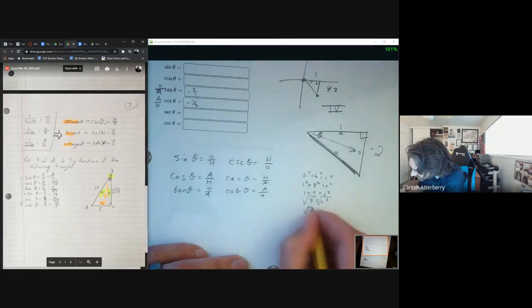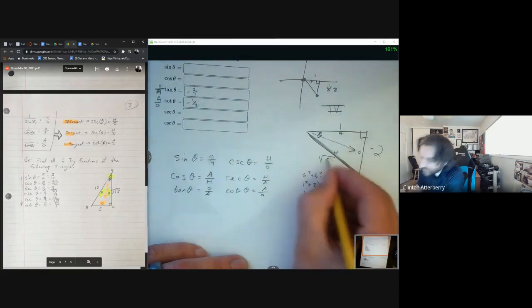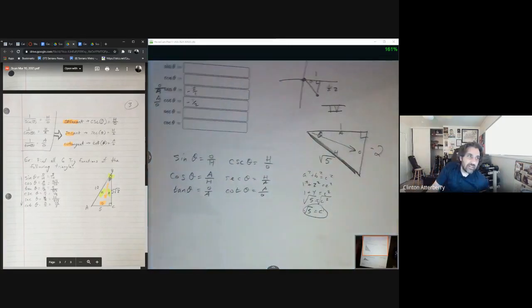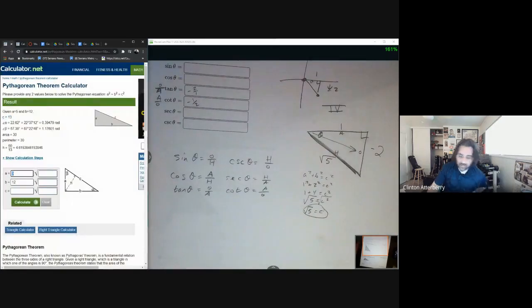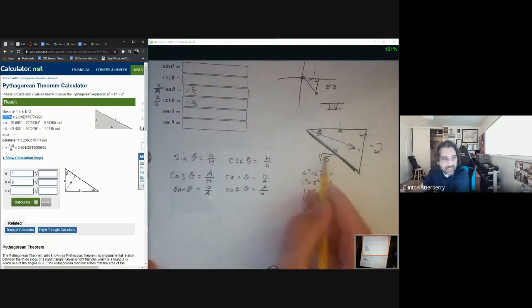I get for a hypotenuse the square root of 5. And if you're not sure on how to do that kind of stuff, use a Pythagorean theorem calculator. Let's say one piece is 1, other piece is 2. 1 squared plus 2 squared and square root that. You're going to get the square root of 5, which they estimate to be about 2.23. So square root of 5, we got it right. Cool.